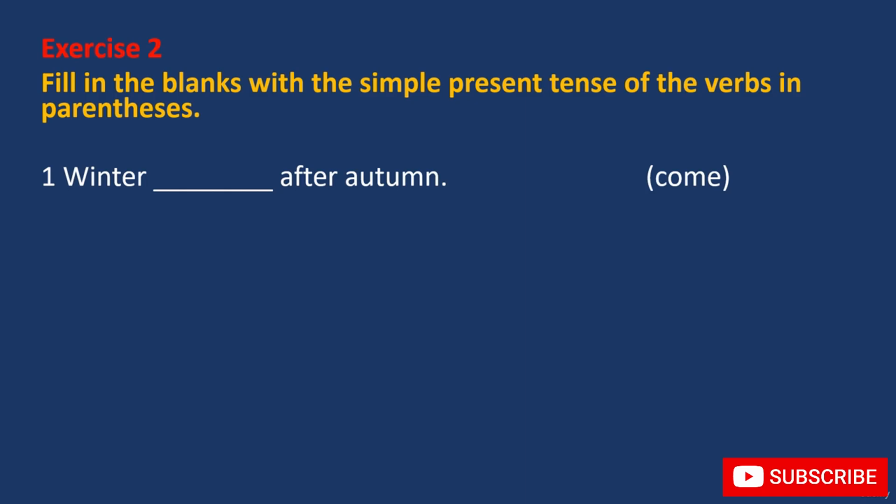Winter is singular or plural? If it's singular, I add s after the verb. If it's plural, I use the verb as it is, no change. Again, winter is singular, so winter come or winter comes? Excellent. Winter comes after autumn. I add s because winter is singular.